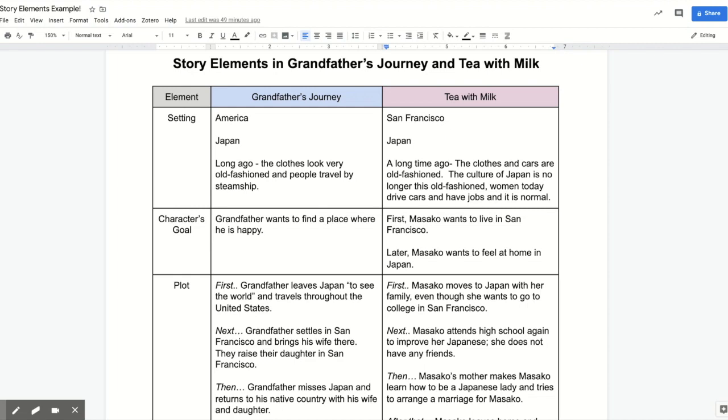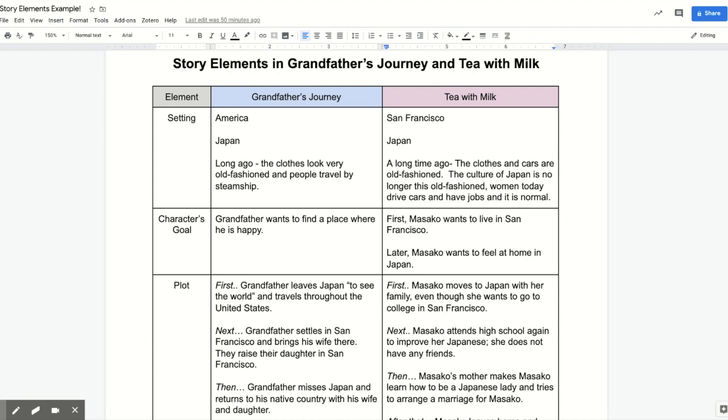So again, I want to emphasize, please go back to your old work and look at what you wrote down in your story elements charts for Grandfather's Journey and Tea with Milk. And what I suggest you do while I go over my own version is you can take notes, because I am not going to upload this on the Google Classroom. It is just going to be in the video.